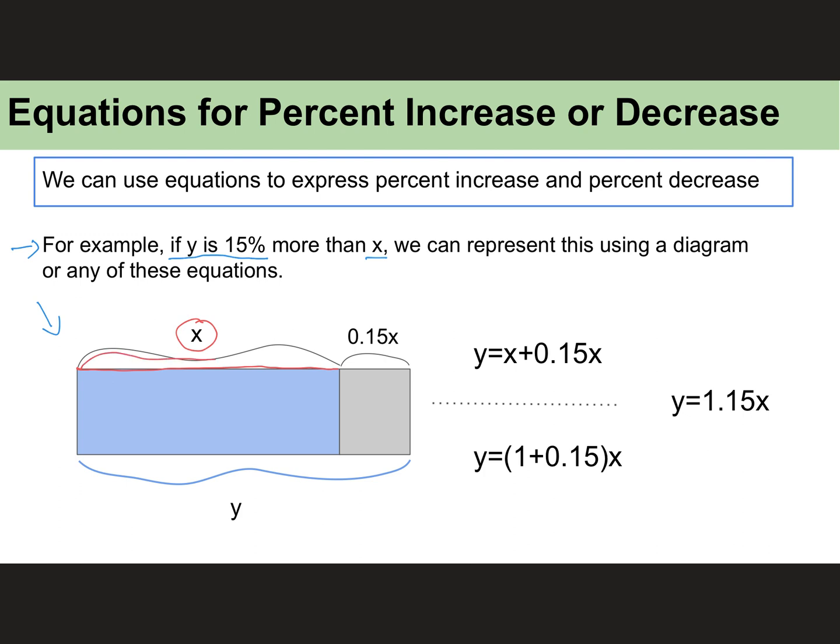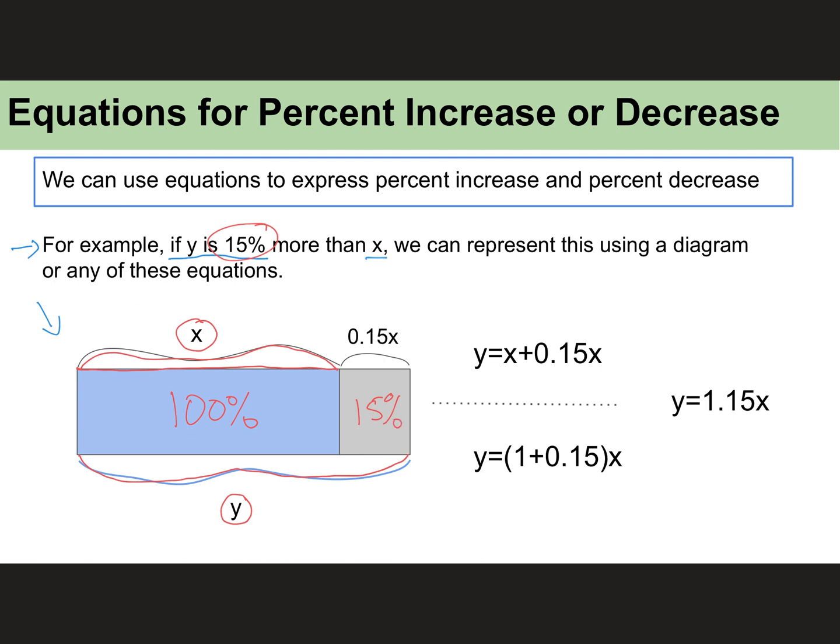Now y down here is bigger, so we're going to draw it as a little bigger piece. And we know exactly that it's 15% more. So if x is 100%, my original, y is going to be 100% plus 15%.